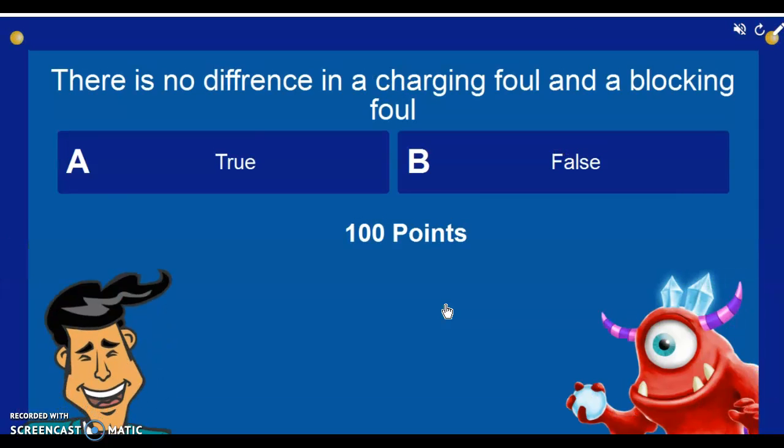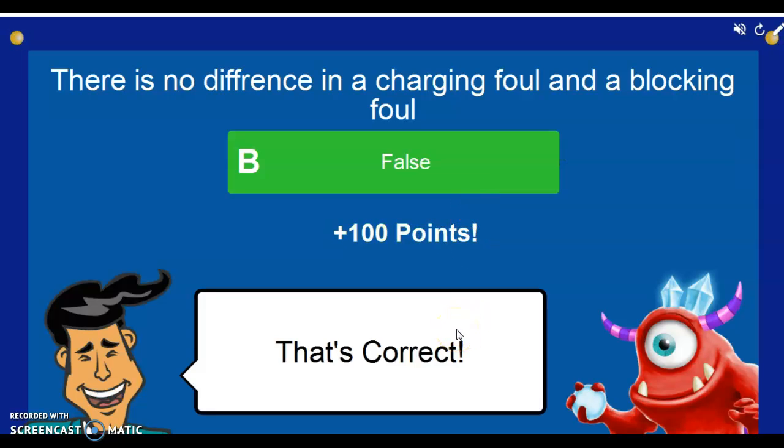And the first question is, there is no difference in a charging foul and a blocking foul. Team 1, which is William, James, Lucas, Mason. False. Alright, that's correct.